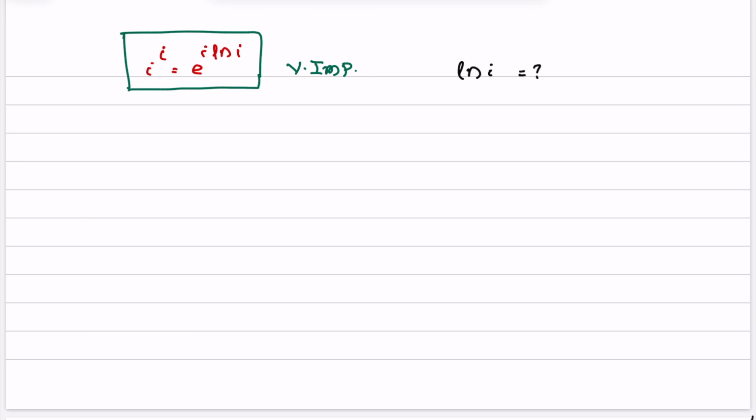What is the value of ln i? ln i is equal to e to the power of i pi by 2.